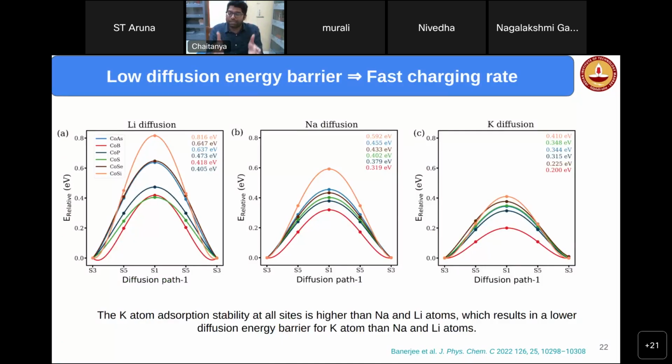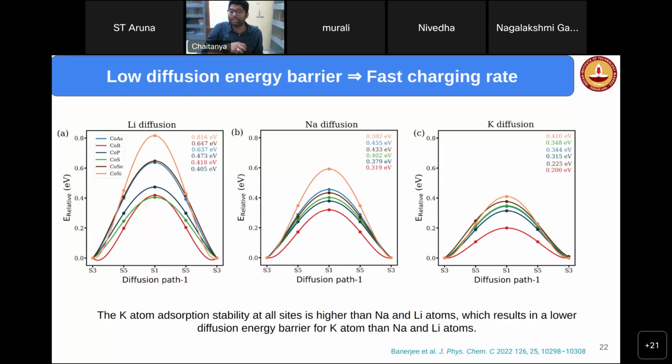Okay. So the reason for this is, the picture that we always have is, when something is strongly bound, we cannot move it. Okay, this is slightly a wrong picture. When we are saying about the absorption energy, it is essentially how much amount of energy you need or you obtained after absorbing. Another way to see is, if you want to remove this atom completely away from the surface, how much amount of energy you need.